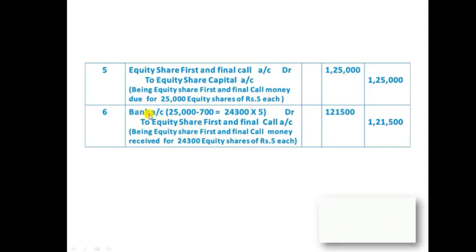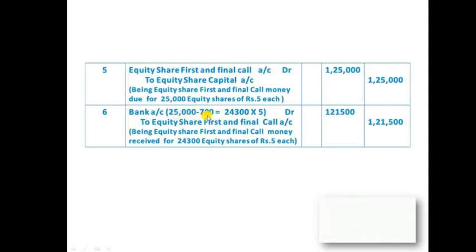So we need to debit the bank account 1,21,500 to equity share first and final call 1,21,500. Actually, the total due is 1,25,000, but the company received 1,21,500. The reason, as we already know, is calls in arrears. The total number of shares issued by the company is 25,000 equity shares.